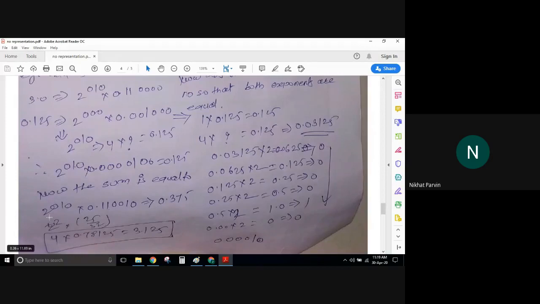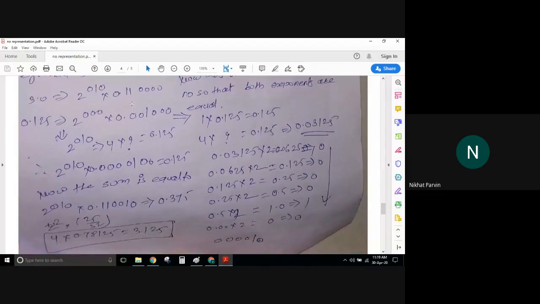I got 2 power 010 into 4 into 3. The answer is this, right? I should add. I'm sorry. See here, what I was saying. What did you do? This is 2 power 010. This is also 2 power 010. This anyhow is common, same, you have taken it out.